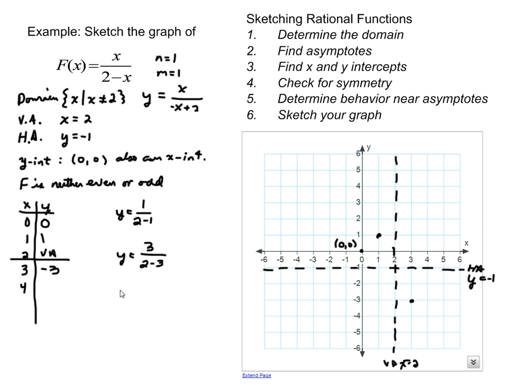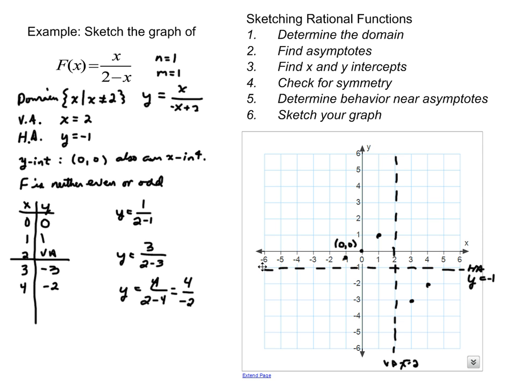Well, y would equal 4 divided by 2 minus 4, which is 4 divided by negative 2. So we're going to get (4, -2). All right, I get an idea of what's happening here. You can keep going. For example, if you were to try x equals negative 1, you'd get y equals negative 1/3.